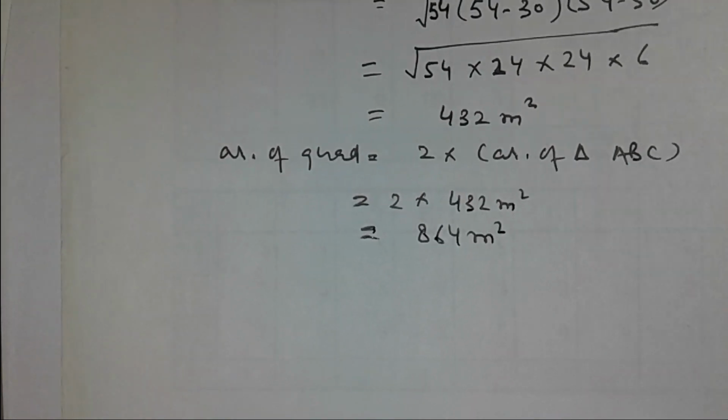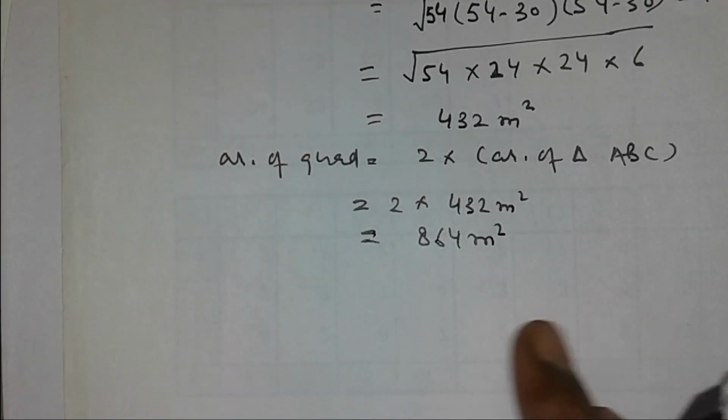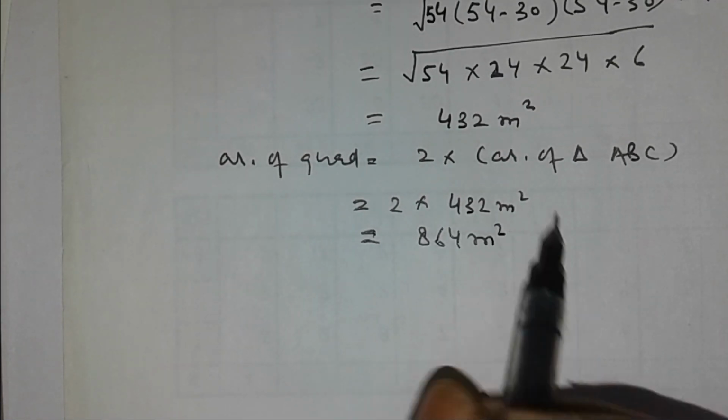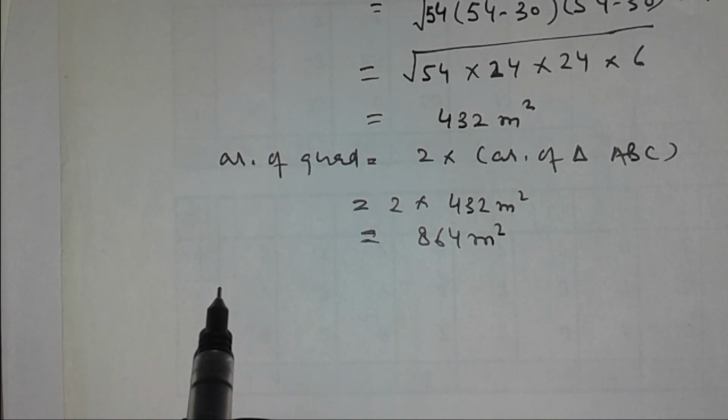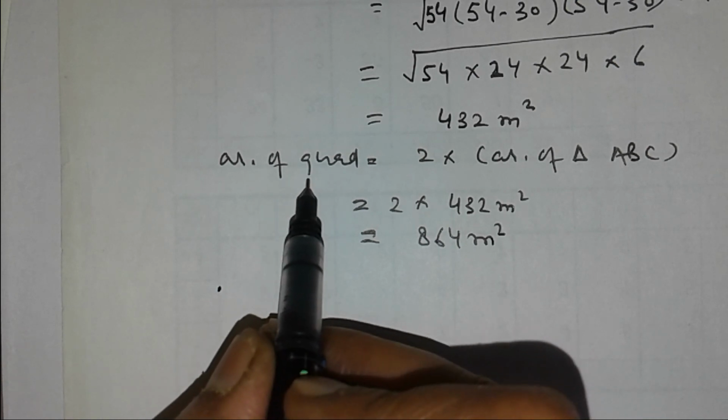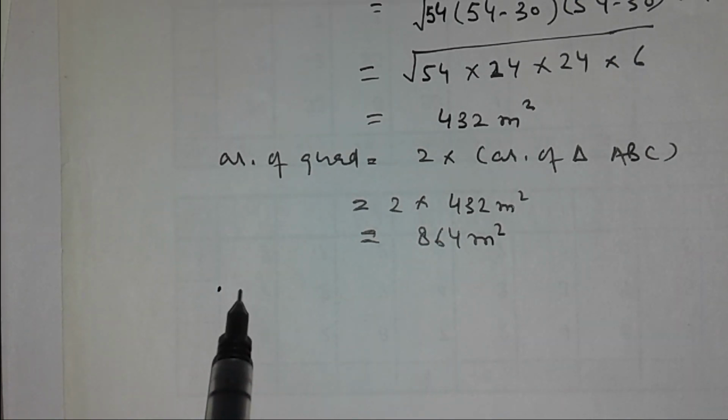And this area is grazed by 18 cows. So each cow will get, and you can write here rhombus also. You can write rhombus.